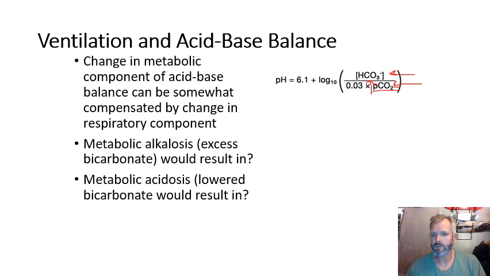If my CO2 levels go up, I would need to increase my bicarbonate levels, so this ratio would stay equal, and I would get an equal number here, and my pH would stay regulated. Okay, so CO2 levels go up, I want to increase my bicarbonate. CO2 levels go down, I want to decrease the bicarbonate in my blood. So how do I keep this ratio in line? Depends on if one changes, I need to change the other in the same direction.